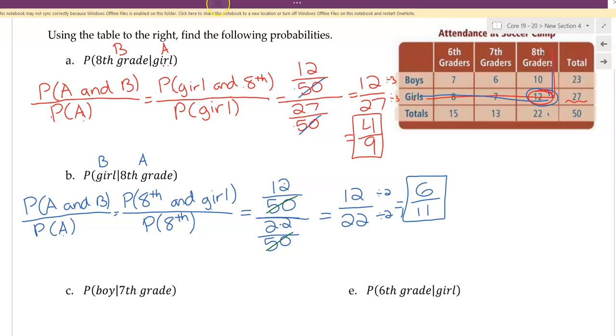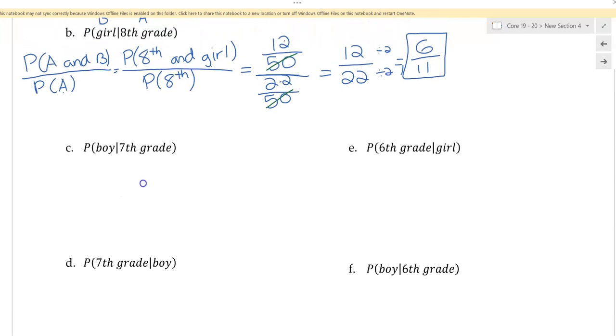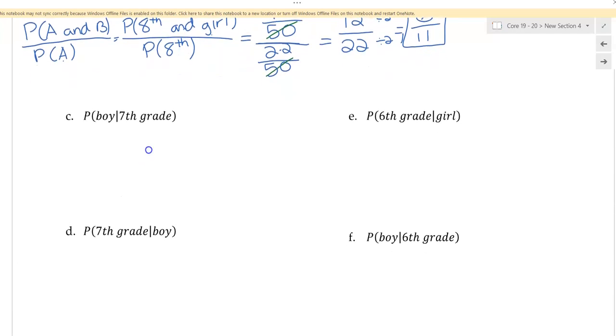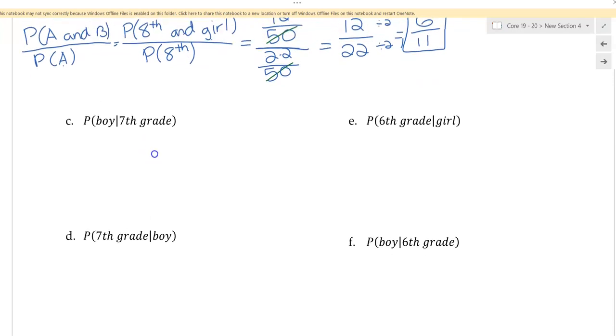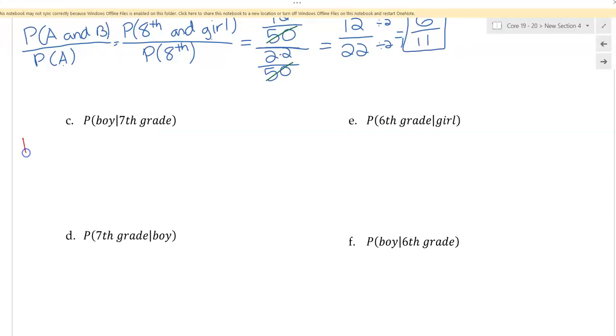All right, let's look at another example. Boy given 7th grade. Right. Again, our formula is the probability of A and B over the probability of A. Again, B comes before, A comes after.